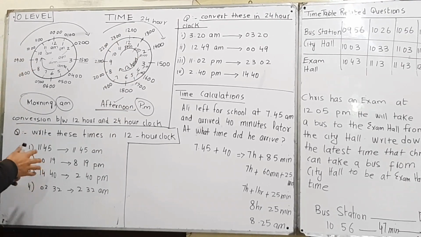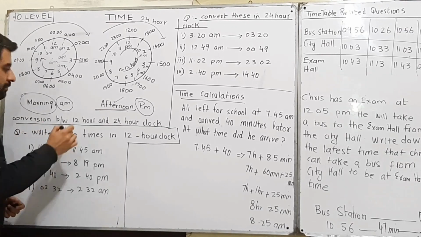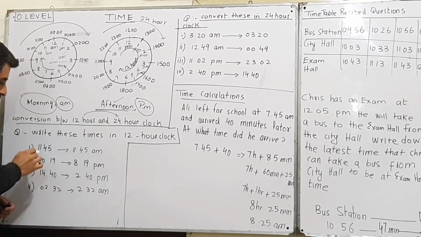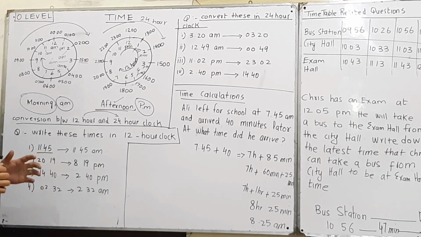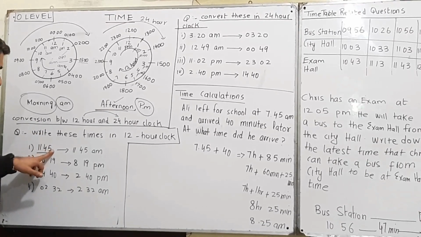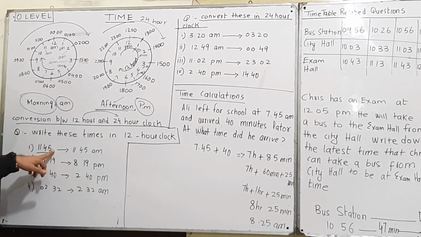We are going to do some conversions from 12 hour to 24 hours. Now this time is in 24 hours. How have you recognized that this is in 24 hours? I am not using AM or PM over here. When you don't have AM or PM, then this time is in 24 hours.